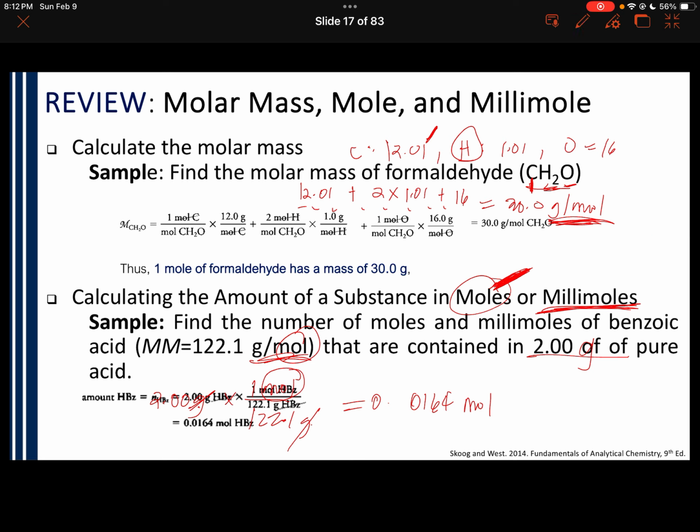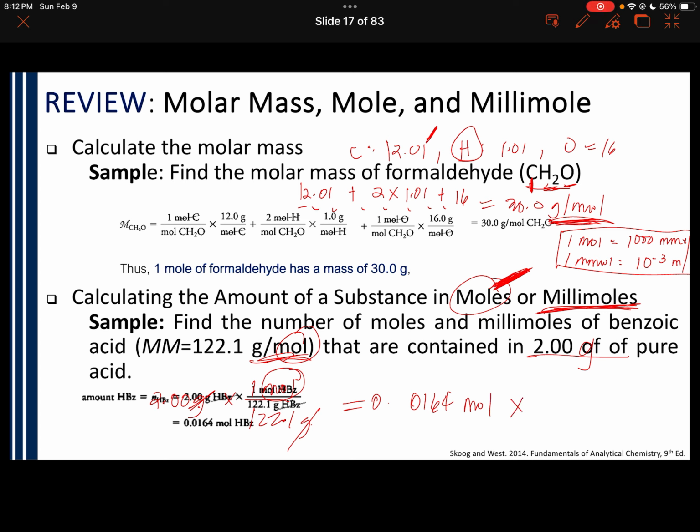Again, we will use the conversion factor. So we have 1 mole is equal to 1000 millimoles, and then 1 millimole is equal to 10 to the negative 3 moles. So using this conversion factor, we can now calculate the moles in millimoles.